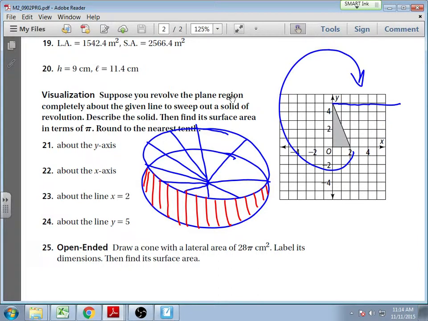If it's about the x-axis, this problem 22 is the amount that the cylinder in 24 is missing. If it made an entire cylinder, that would be a radius of 4, so this radius right here is 4, and then the height of it is 2.